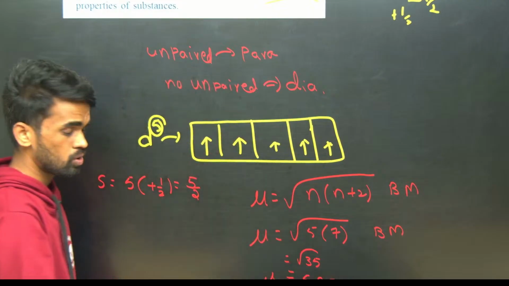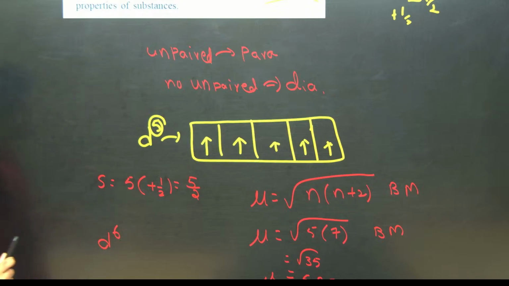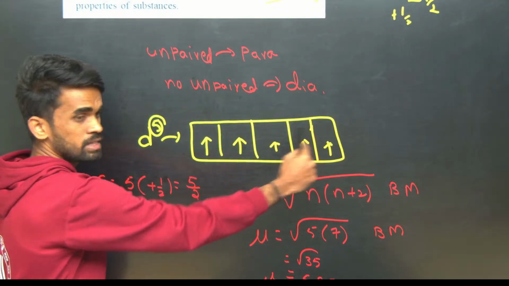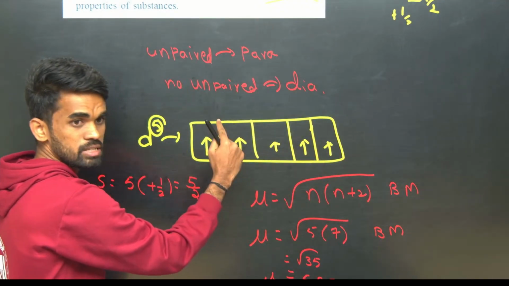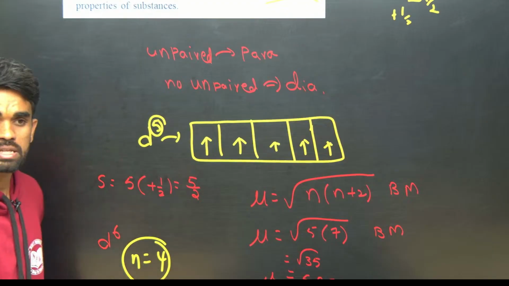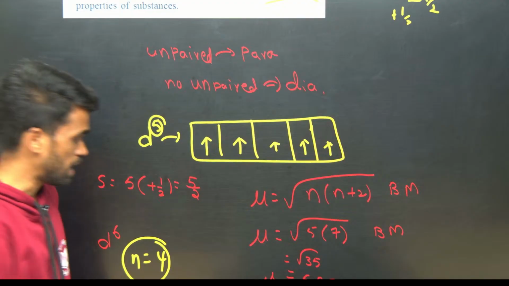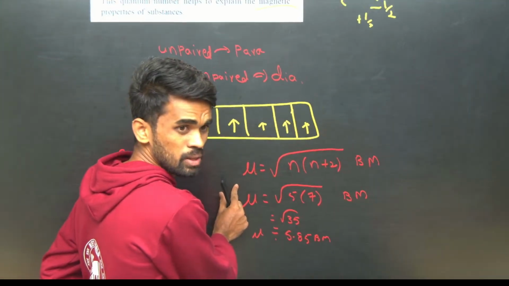Now if I say d6, how many unpaired electrons are there? 4. For d6, first 5 fill like this, next pairing up takes place. So the n value should be 4. So root over 4 into 4 plus 2 means root 24. Like that you will get the values. Is that clear? Yeah.